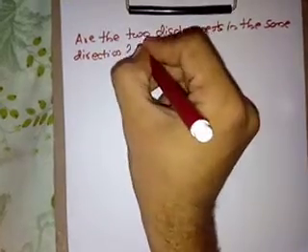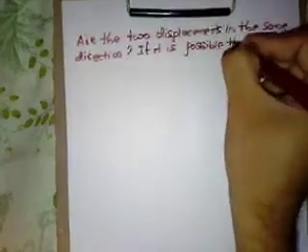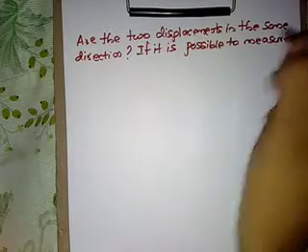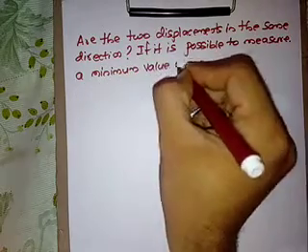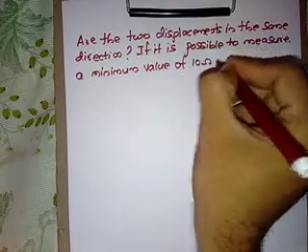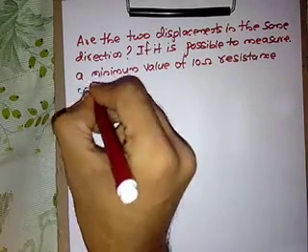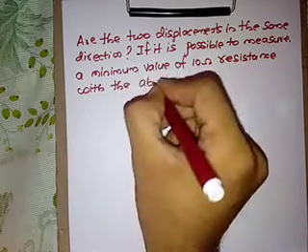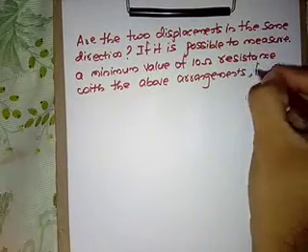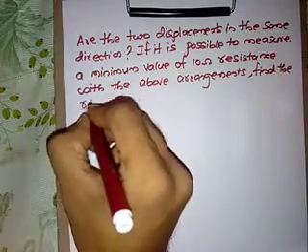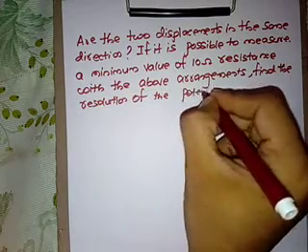If it is possible to measure a minimum value of 10 ohm resistance with the above arrangement, find the resolution of the potentiometer in mm.